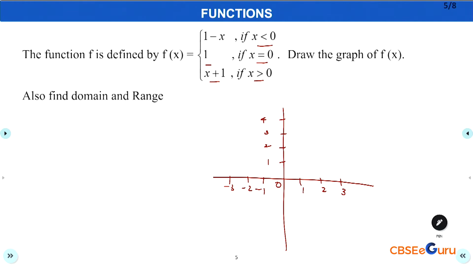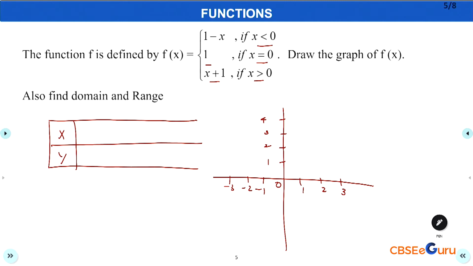But before that, we will form a table. This is the value of x and y. Now take either an odd number of values, 5 values or 7 values or 3 values. But here we will take 7 values because we have 3 steps.